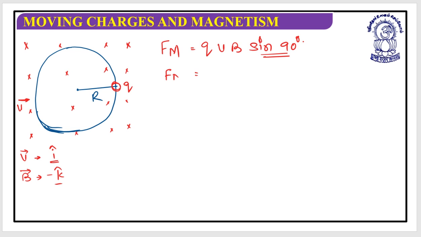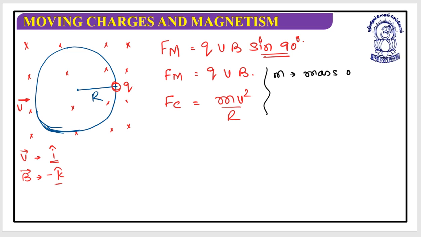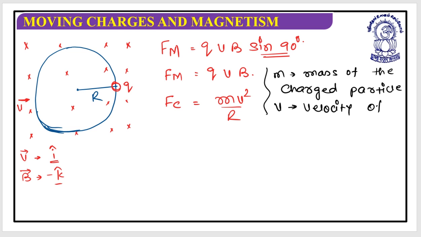So the magnetic force can be given as q V B, and the centripetal force, as it is moving in a circular path, would be m v square by r, where m is the mass of the charged particle and v is the velocity of the charged particle.